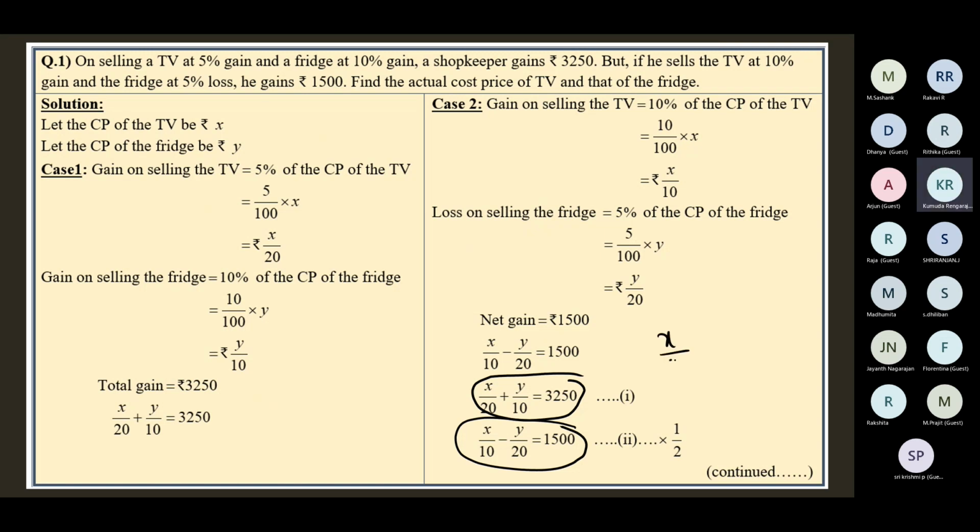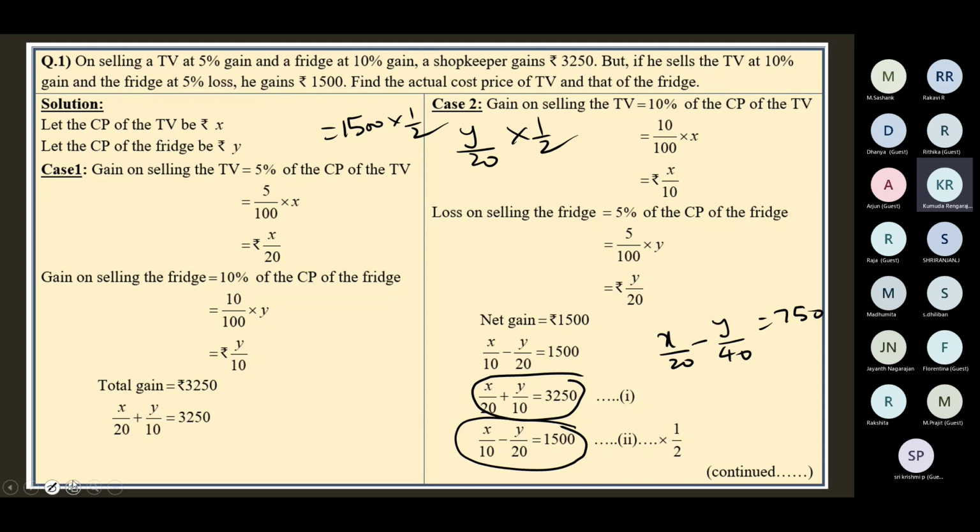So it becomes x by 20 minus y by 40 is equal to 750.